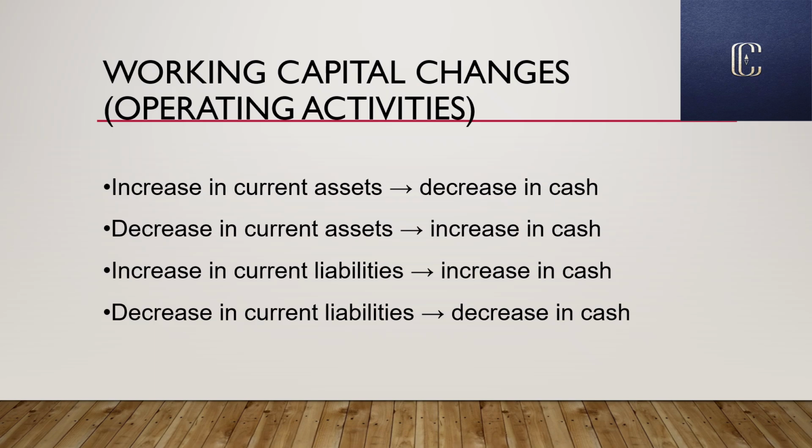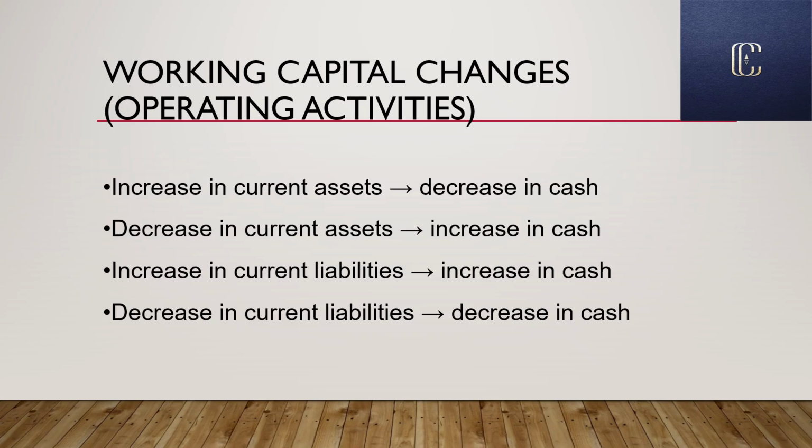The second step, the current asset adjustment. The current assets include debtors, what we call accounts receivable, inventory or stock, bills receivable, prepaid expenses, and short-term assets. An increase in current assets leads to a cash decrease.